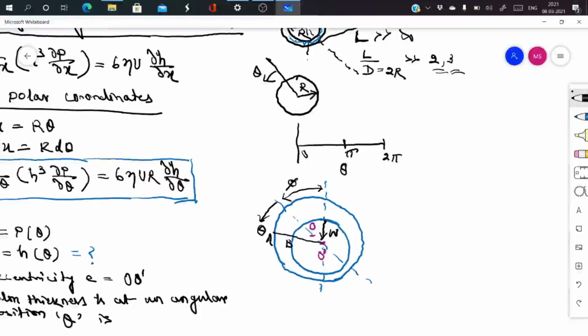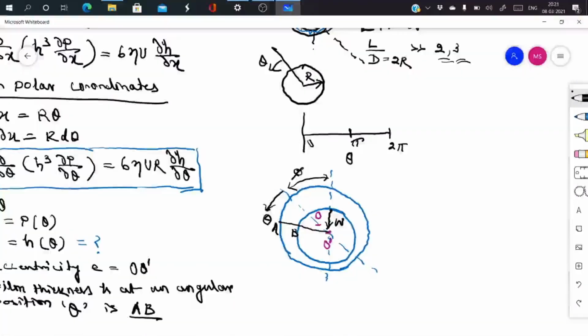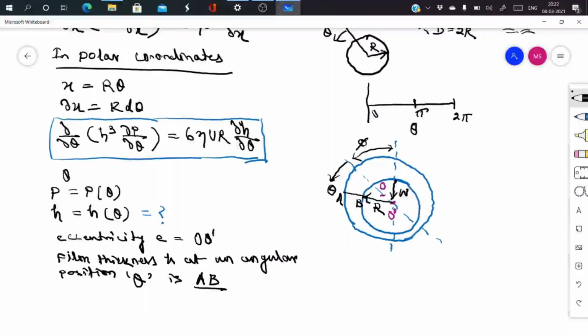Then the film thickness is actually AB, and this is R. So this AB, which is film thickness, is nothing but AO dash minus R.